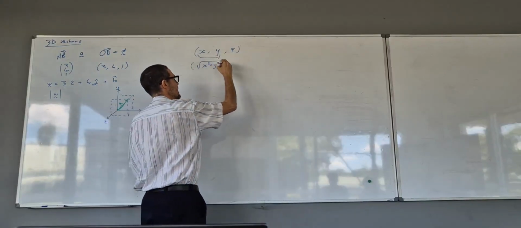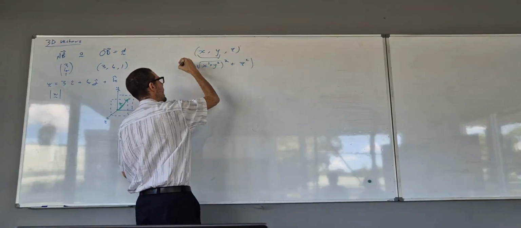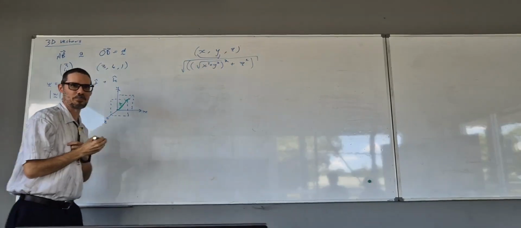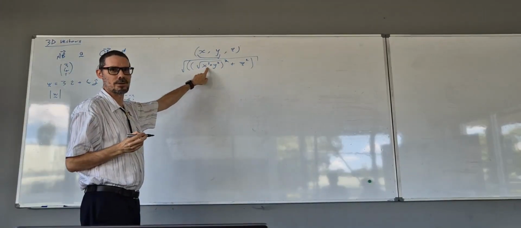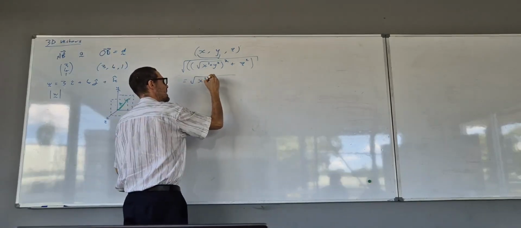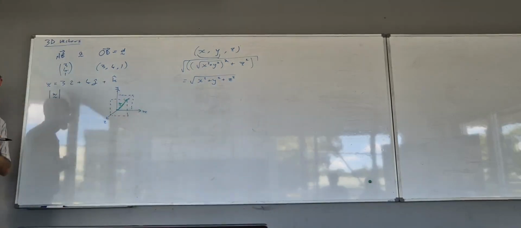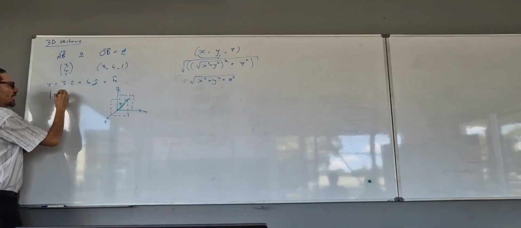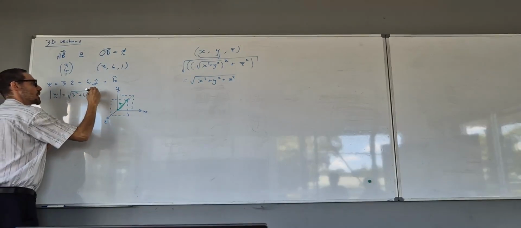So I'm going to get this squared and add Z squared and then get the square root of that, right? But what's the square of a square root? Cancels out. So it's actually just this. That's easy. So that is just 3 squared plus 4 squared plus 1 squared.